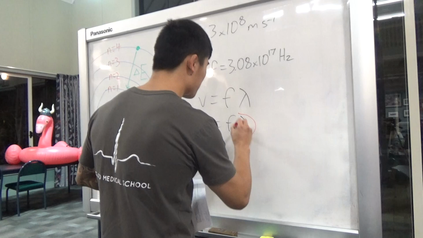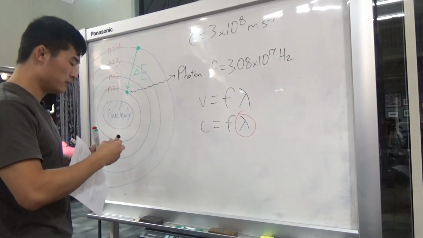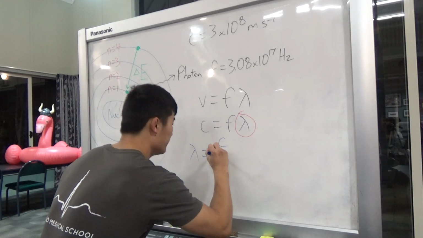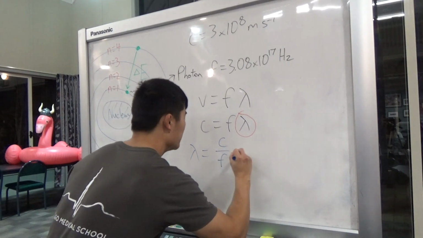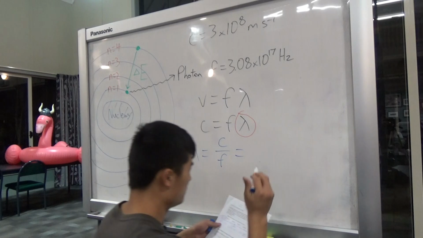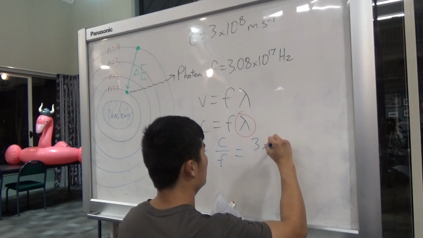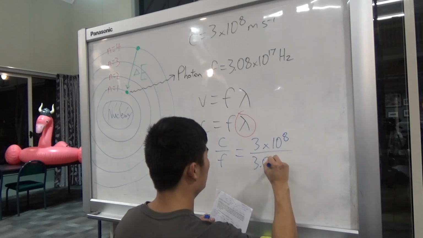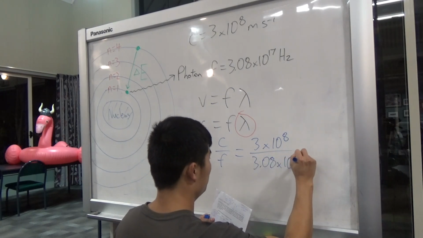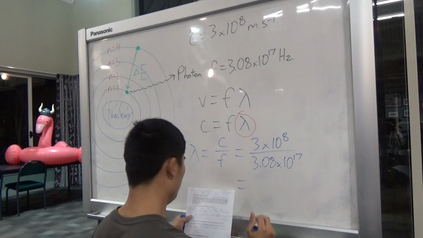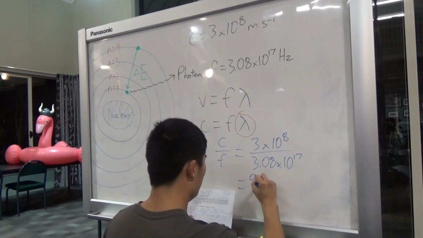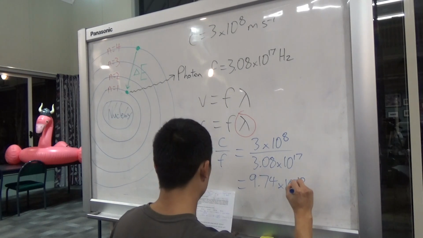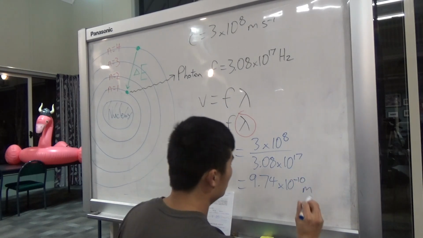So wavelength is equal to c divided by frequency. So 3 times 10 to the 8 divided by the frequency, 3.08 times 10 to the 17, and that will give you 9.74 times 10 to the negative 10 meters.